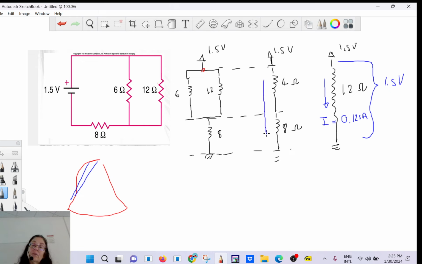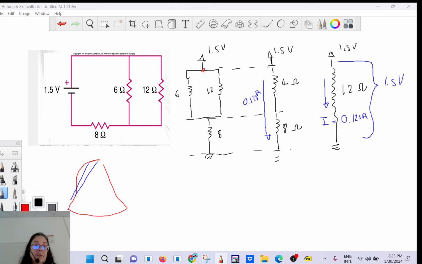That means in all this pipe here, you have 0.125 amps, because this is what is put out by your station at the top of the mountain. It's like your pump, pumping water, so it's 0.125 amps.